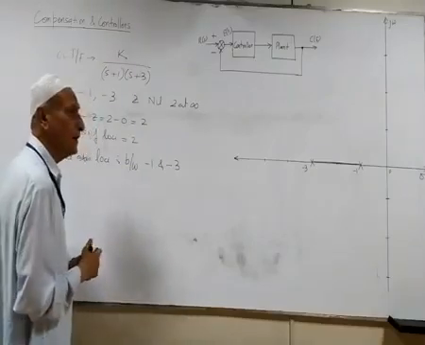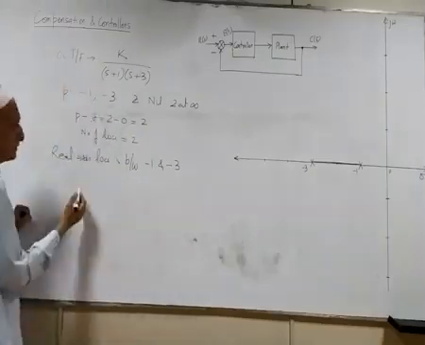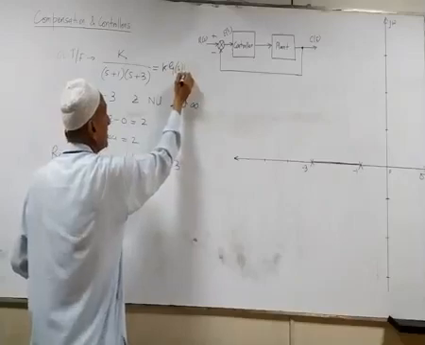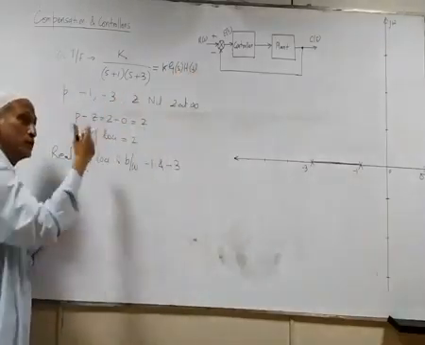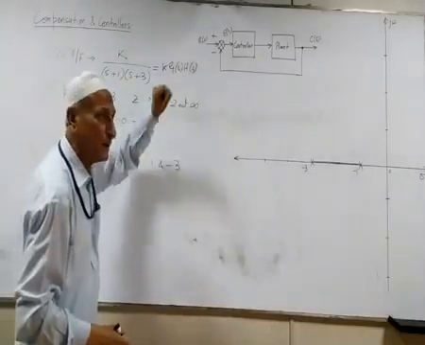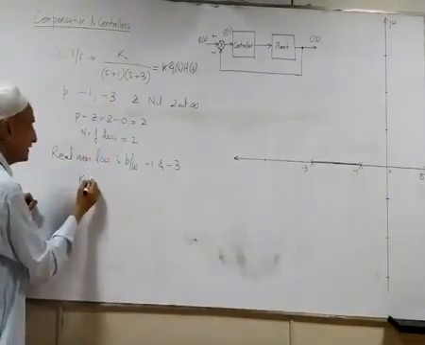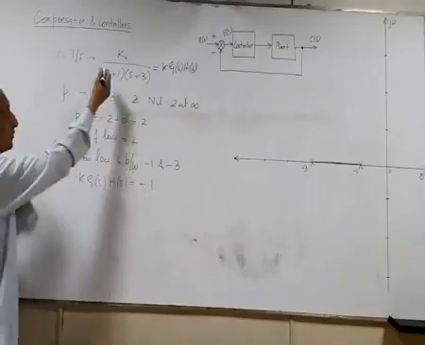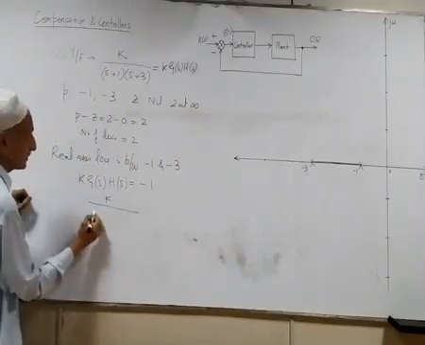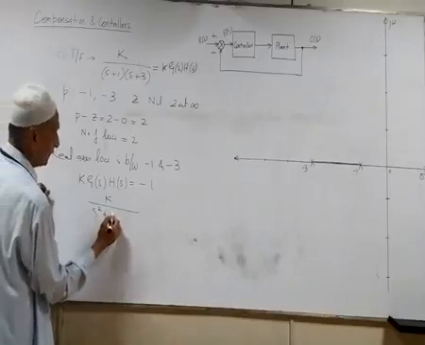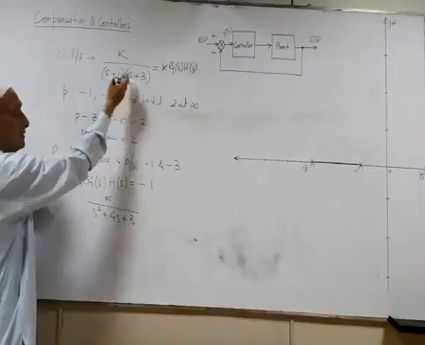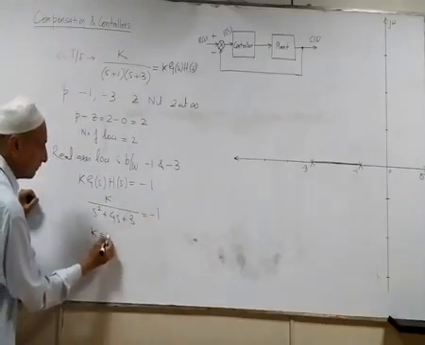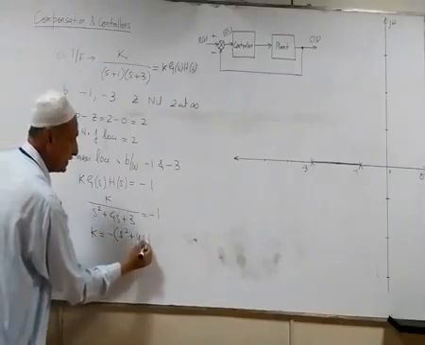In order to find the breakaway point, we use the angle magnitude criteria. This is KG(s)H(s) equal to -1, and again the system is a unity feedback system for which H(s) is equal to 1. Multiplying the factors, we have s squared plus 4s plus 3, and K is equal to minus (s squared plus 4s plus 3).